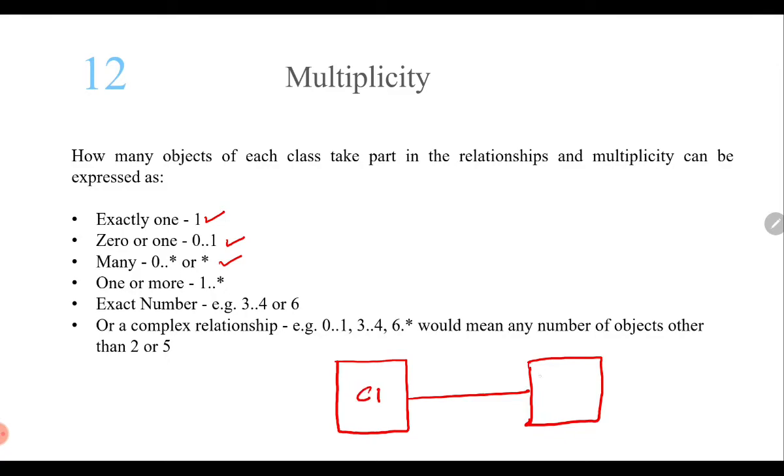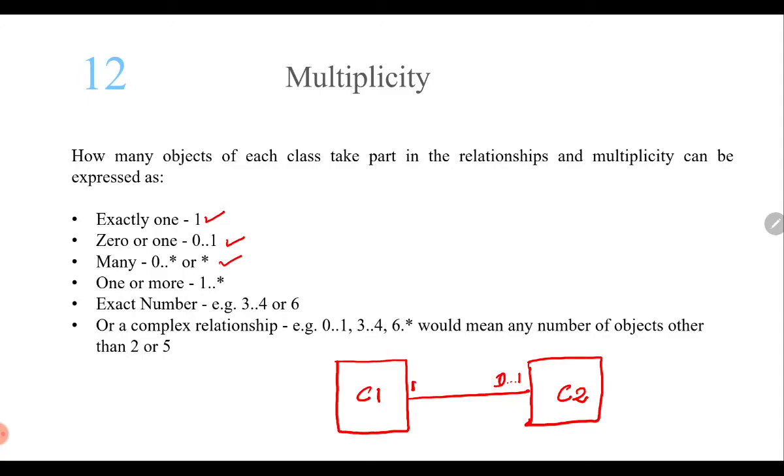Let's say this is class 1, class 2. Class 1 can have just one instance associated with either one instance of class 2 or 0 instances of class 2, so 0 to 1, either 0 or 1 instance of class 2.